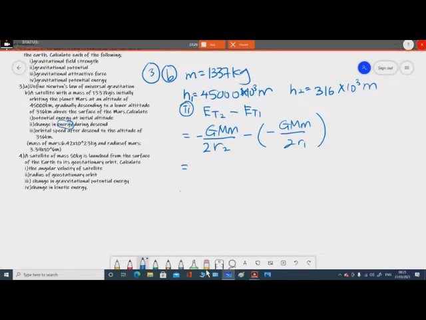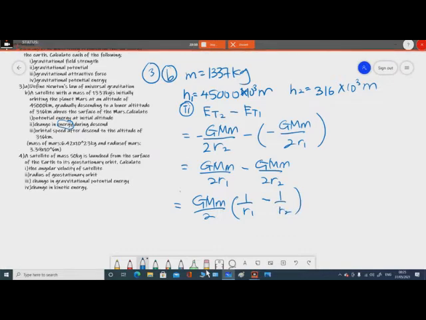So this negative is actually positive. So GMm over 2R1, and negative GMm over 2R2. So we just factorize this one, GMm over 2. This leaves 1 over R1 minus 1 over R2.